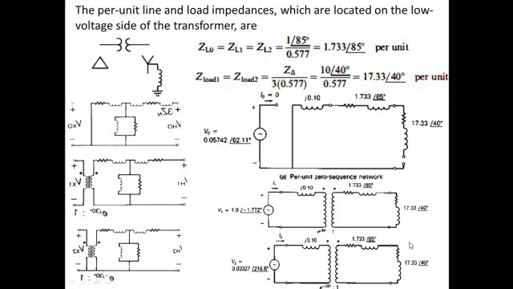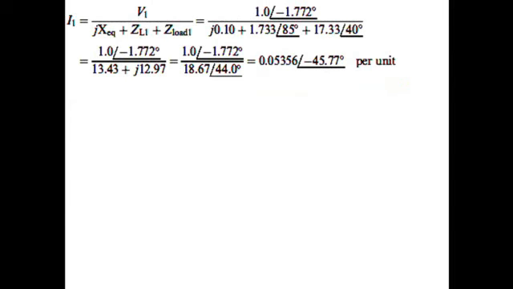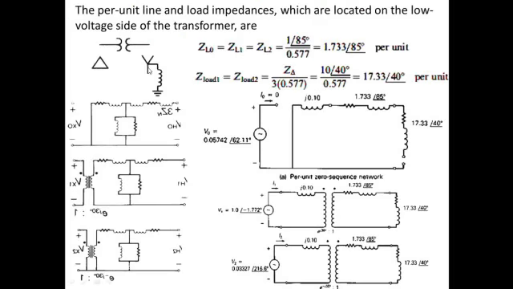This is how you can find the positive, negative, and the zero sequence components for the transformer. And if we want the positive sequence current, we want to calculate this current IA. If we want to calculate this IA, we need to divide this voltage by all these impedances.